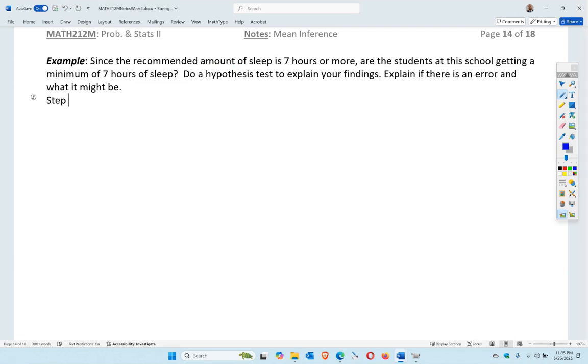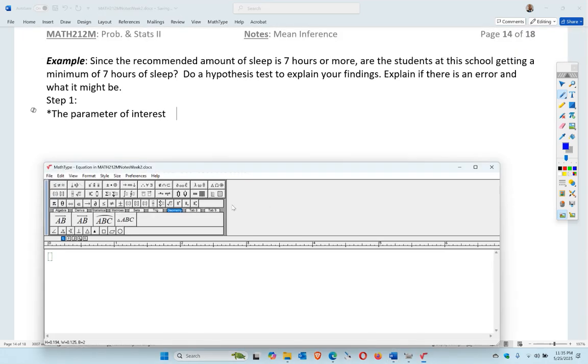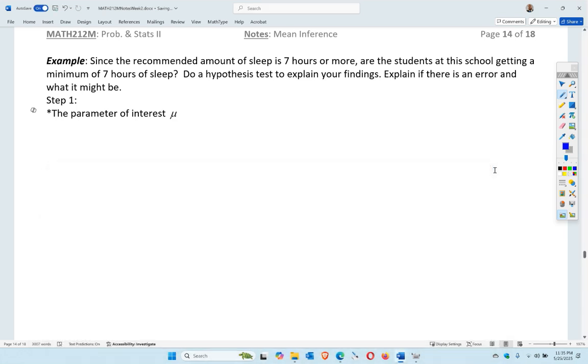So step 1, the parameter of interest is not a proportion now, it is a mean. So population mean: the mean number of hours of sleep for a student.